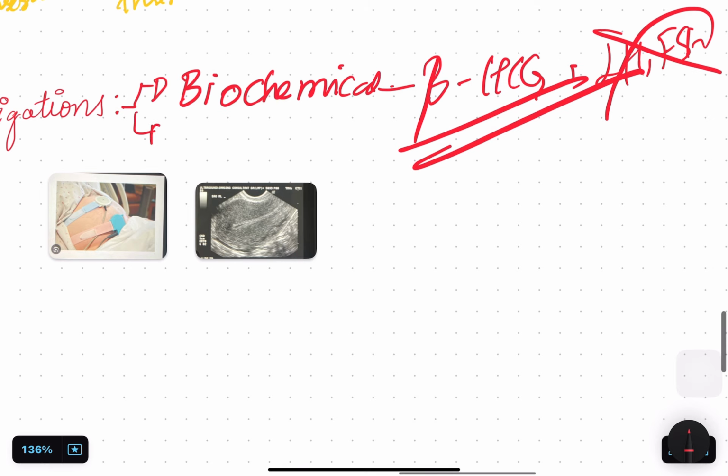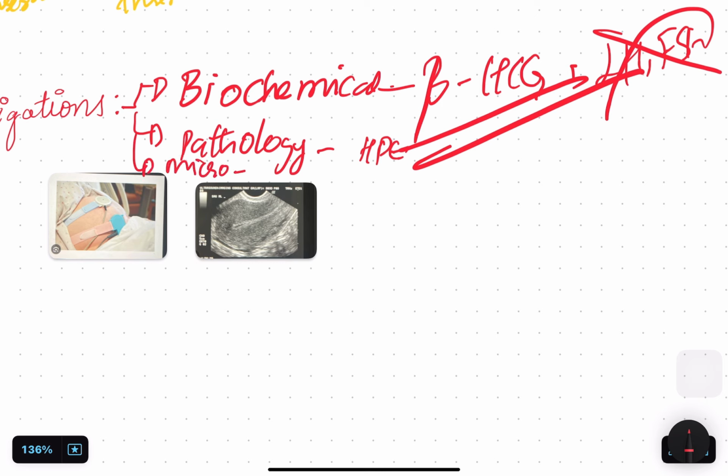Next, coming to pathology. If it's a case of abortion, then you will send it for an HPE examination, except that as such there is no role of pathology in this case. Next, coming to microbiology. There is no role as such, but asymptomatic bacteriuria, that is urine culture, is something which you routinely do.